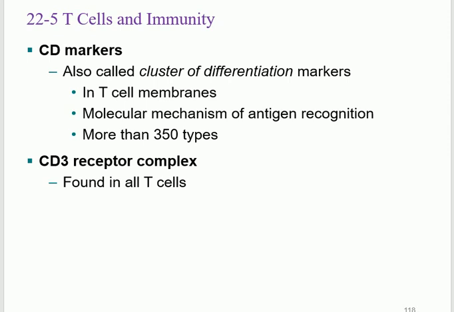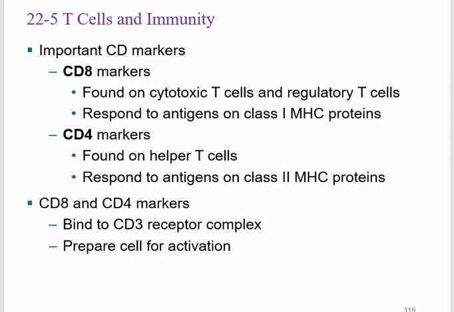Like 3 is in T cells, 8 in the cytotoxic and regulatory, 4 in the helper. So this is enough to know. These are the CD markers located on the T cells that we need to know.